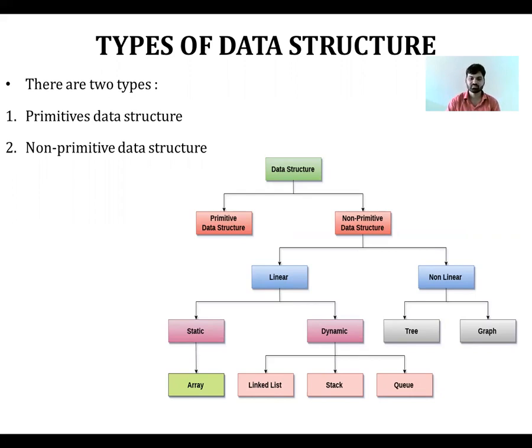Linear data structures have two subtypes: static and dynamic. What is a static data structure? The data structure whose values or whose capacity or size is fixed is called a static data structure.